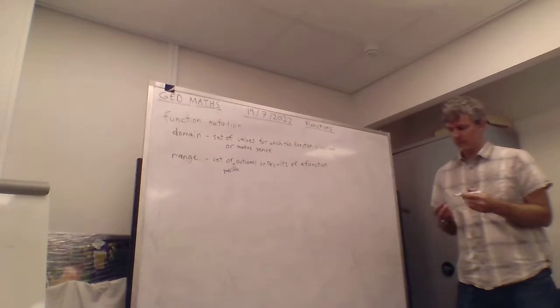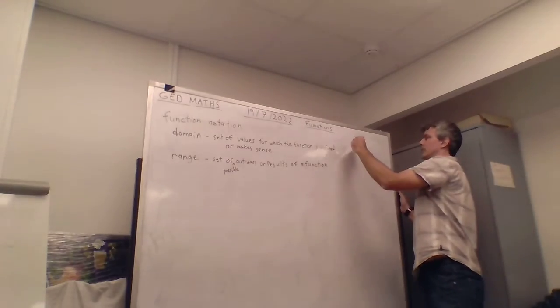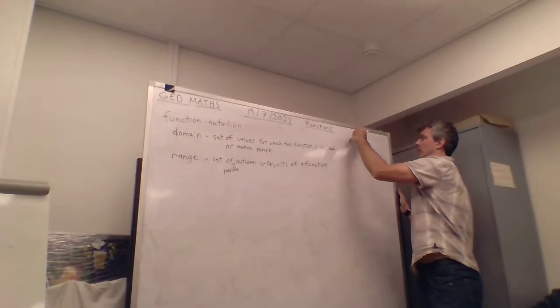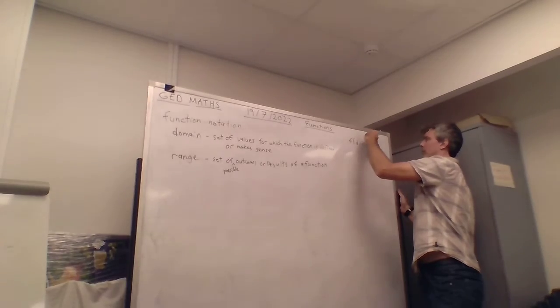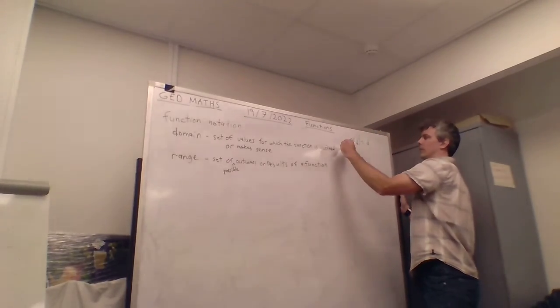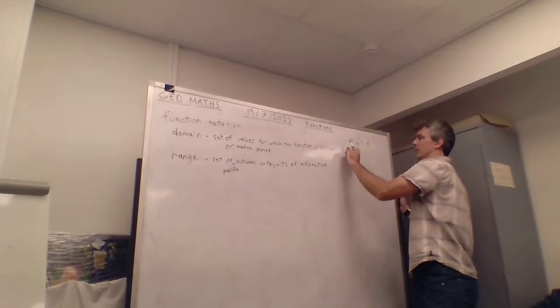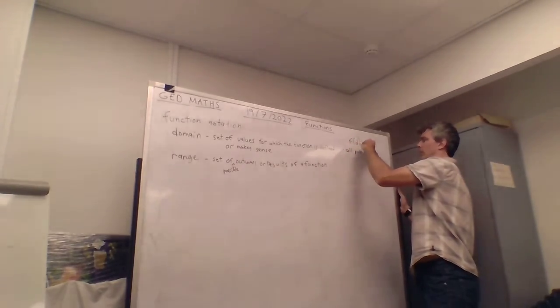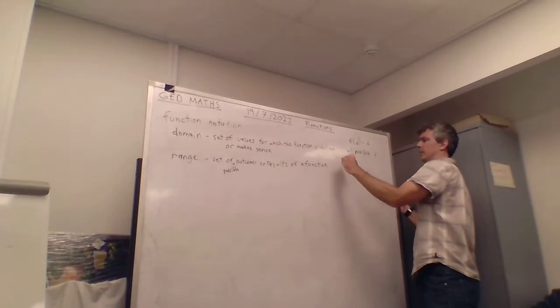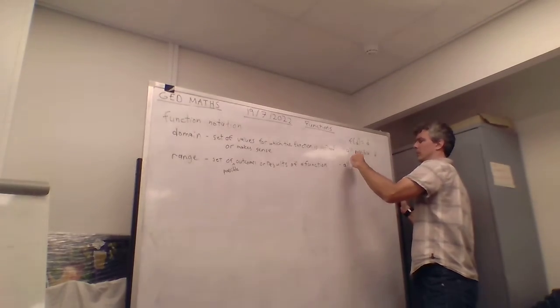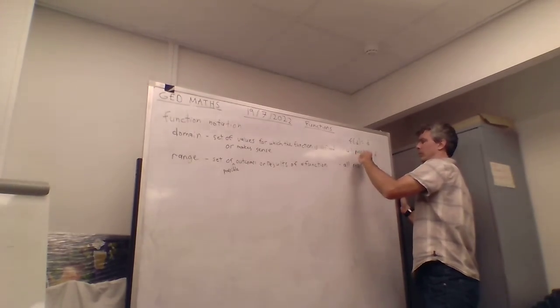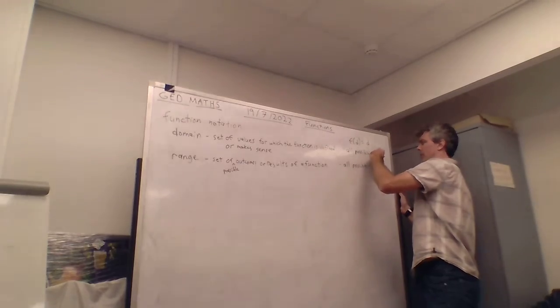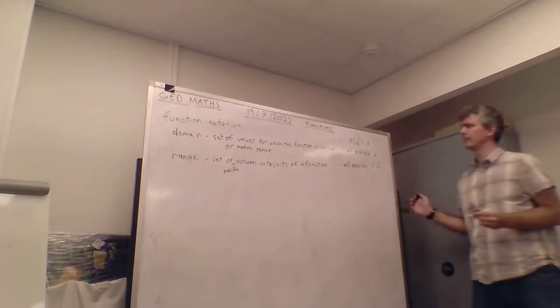So this is D, that's all possible D. This is all possible f of D. Okay?